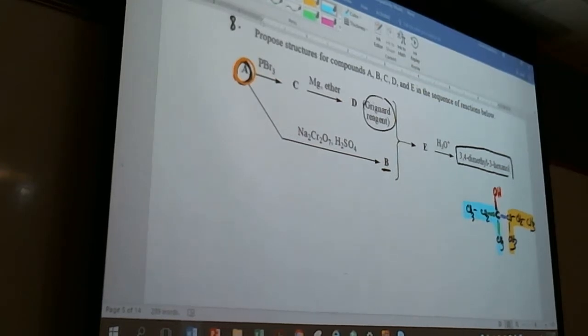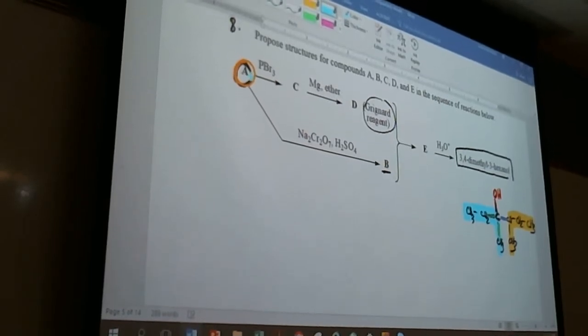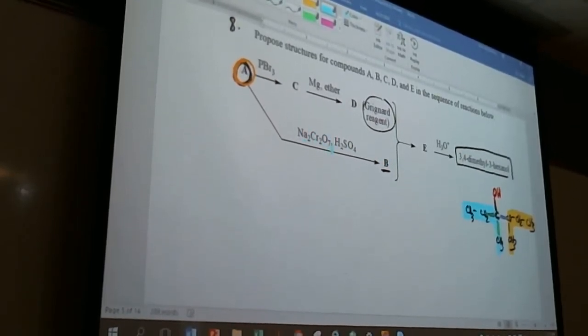Now, when I oxidize A with a strong oxidizing agent, I get B. My B is likely a ketone or aldehyde that is going to be attacked by this Grignard. What is B? What ketone or aldehyde is going to be attacked by this Grignard?